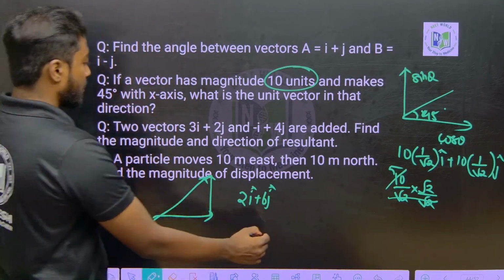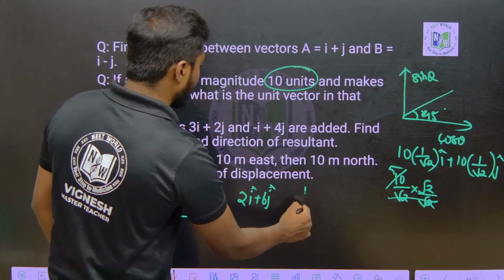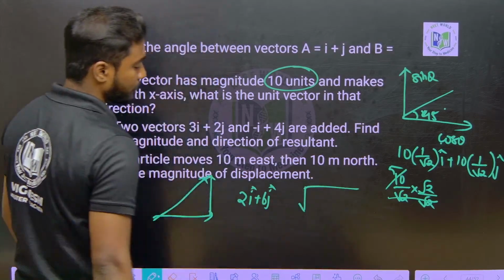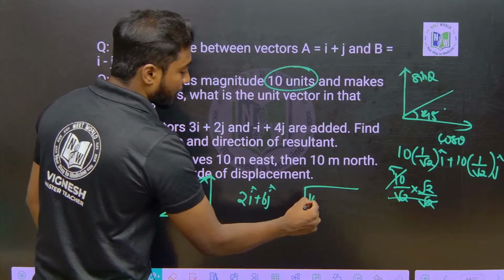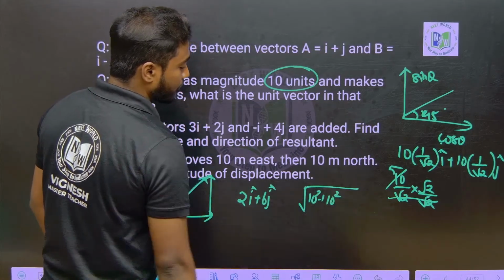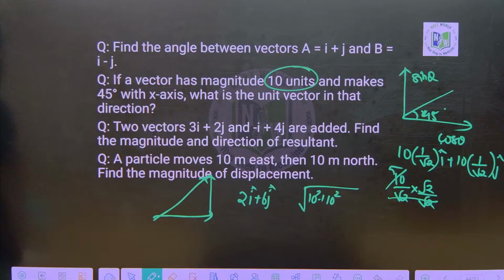We'll see. So under root of 10 square plus 10 square, 100 plus 100.